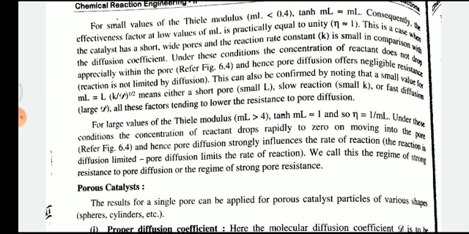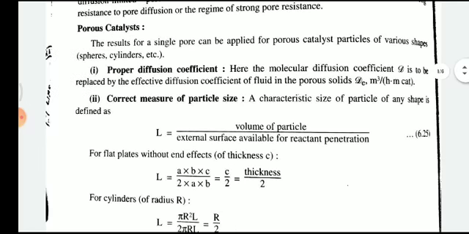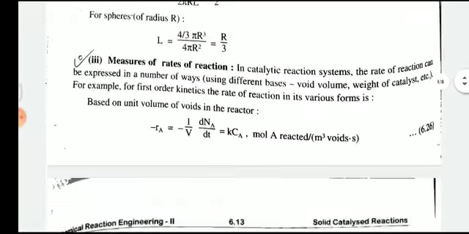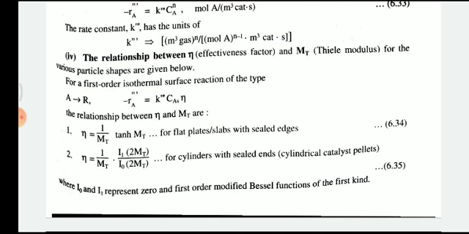In the previous lecture of CRE, we discussed the porous catalyst, which types of porous catalyst are available, and the selection criteria. Then we discussed the relation between efficiency and Thiele modulus.